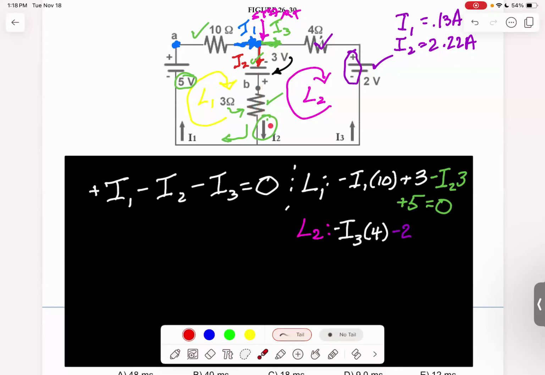When we go opposite of the current across a resistor, there's going to be a voltage increase. How much? It's going to be the current using Ohm's law, I2 times the resistance, 3 ohms. Voltage increase, opposite of the direction of the current.